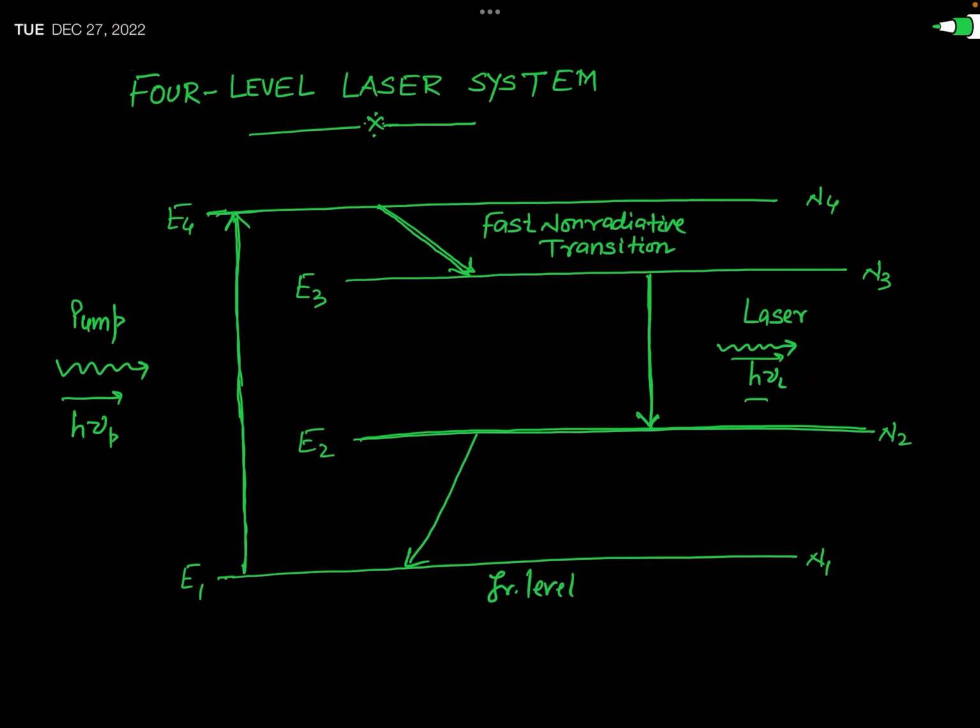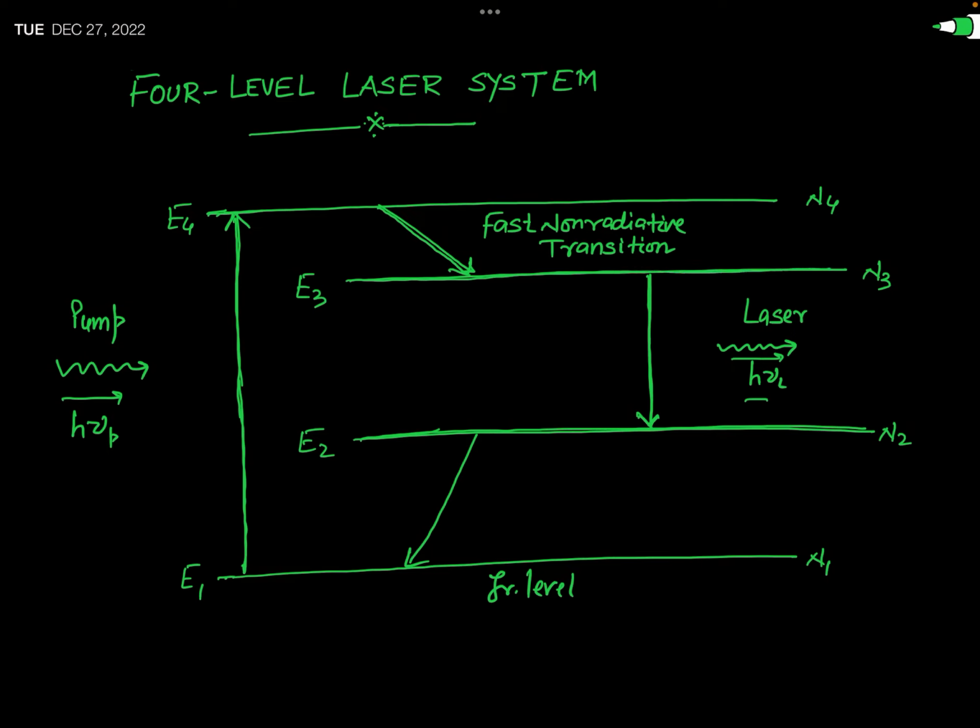In fact, in order that the atoms do not accumulate in level 2 and hence destroy the population inversion between 3 and 2, level 2 must have a very small lifetime. There should be an accumulation of atoms in level E3, which is a metastable level.